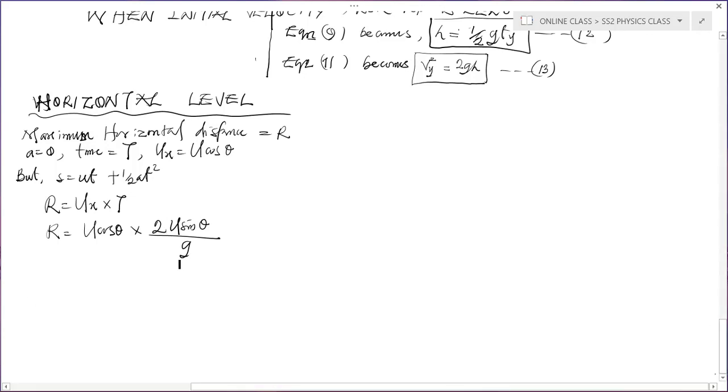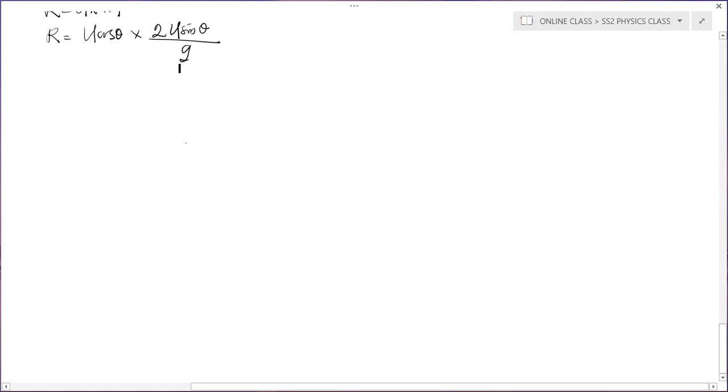From there, our R is therefore known as: let's take u times u, we have u squared. Then I want to rearrange that one, we'll be having 2 sin theta cos theta all over g.